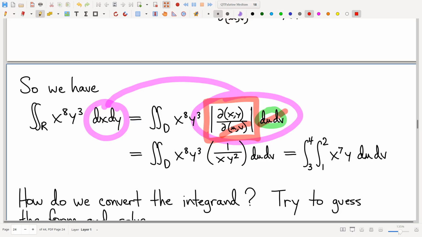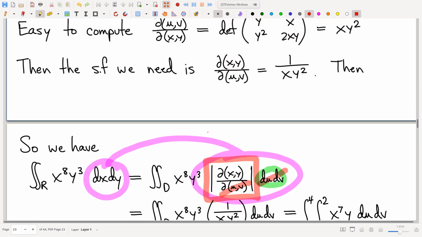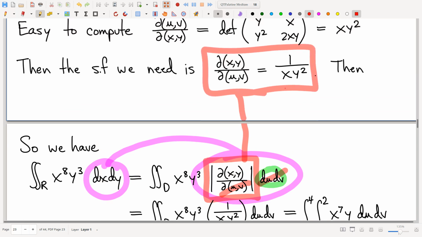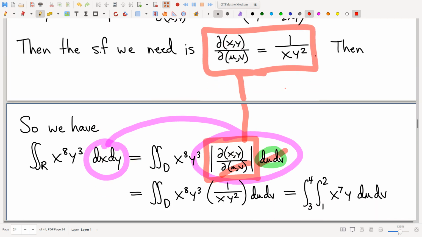So this is a nice little memory trick. This faux cancellation here tells you, well, apparently what I'm going to need to insert here is partial xy partial uv. Does that make sense? Does that answer your question? Yeah. So I need partial xy partial uv. And that's apparently 1 over xy squared.